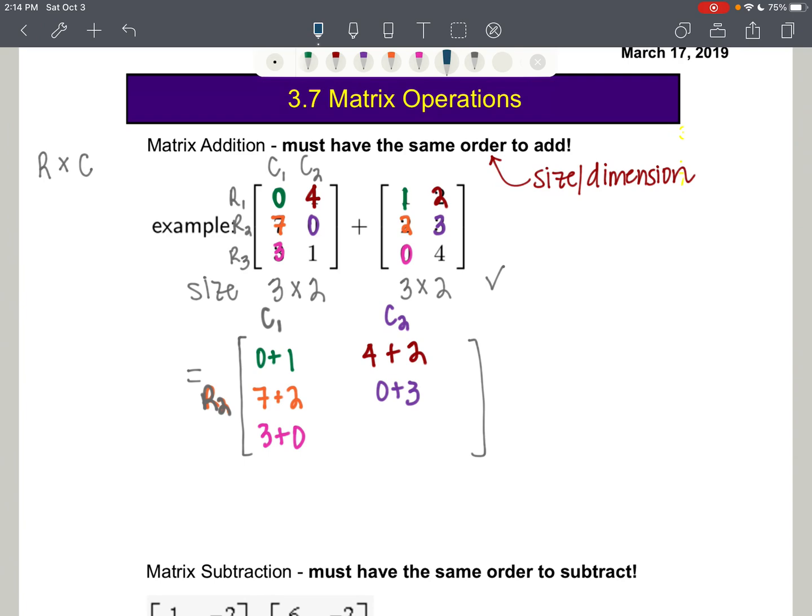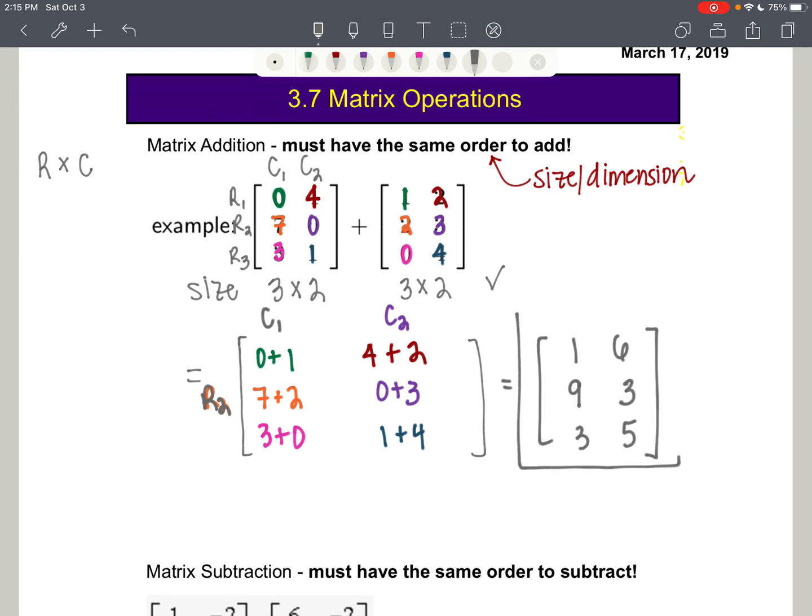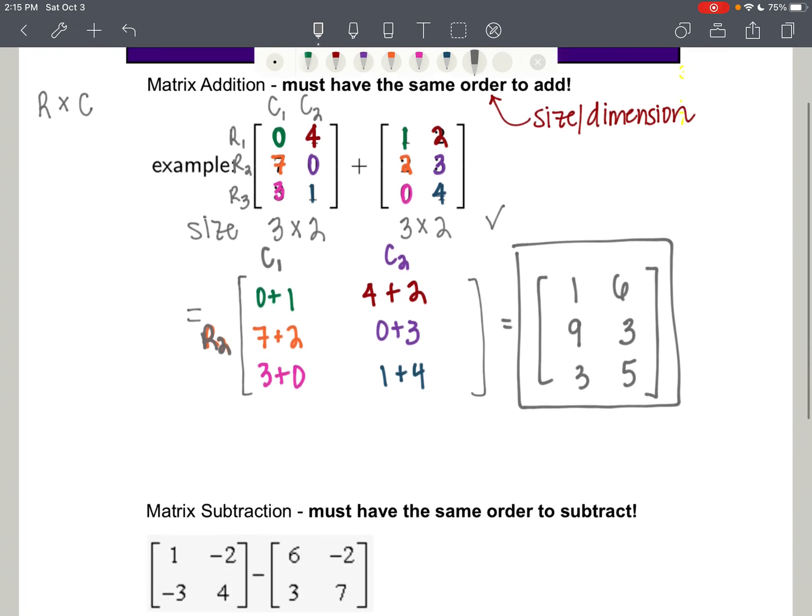And then we've got 1 plus 4. So our answer is 1, 6, 9, 3, 3, 5. And that's our answer when we add those two matrices together.